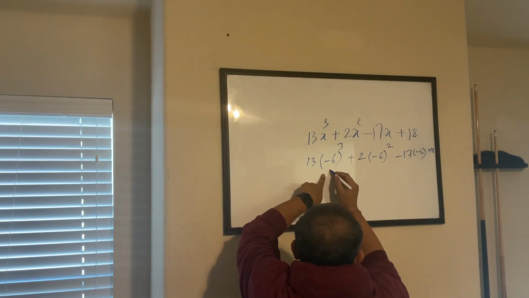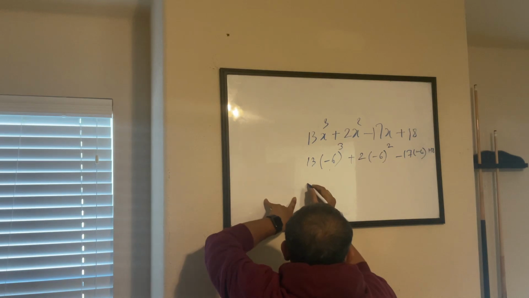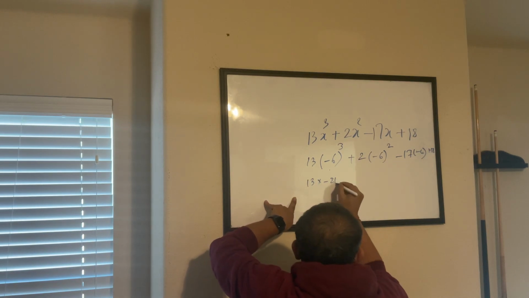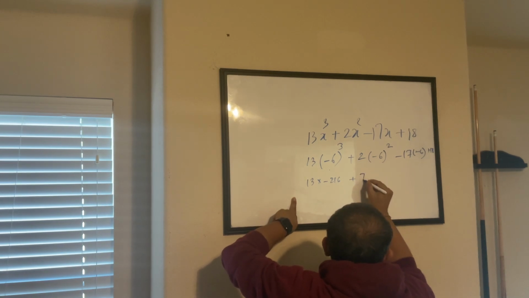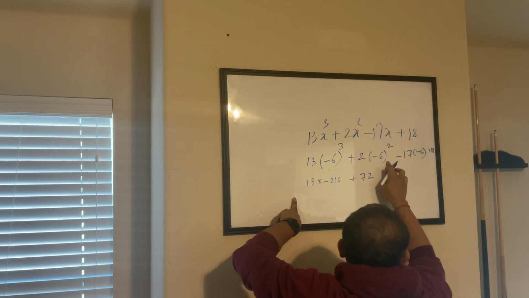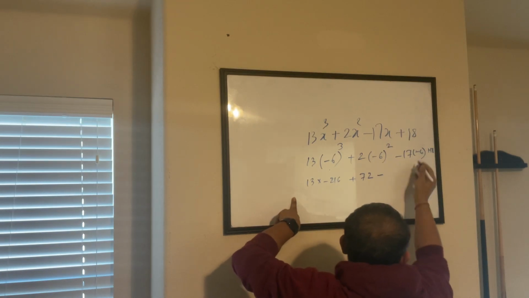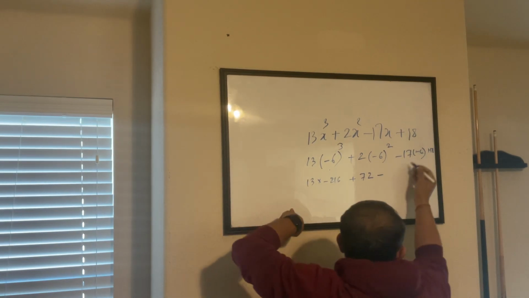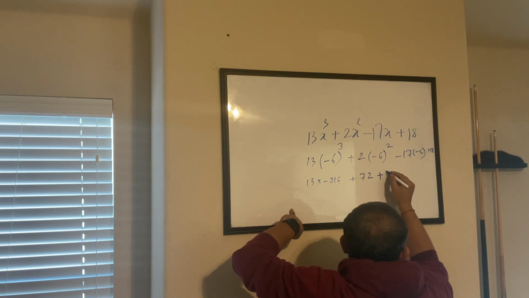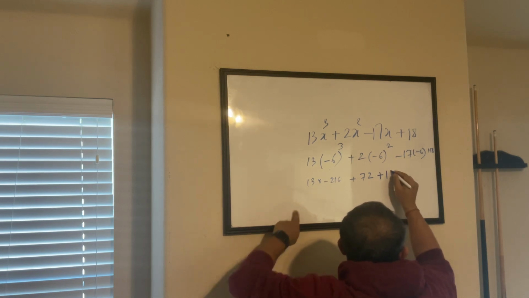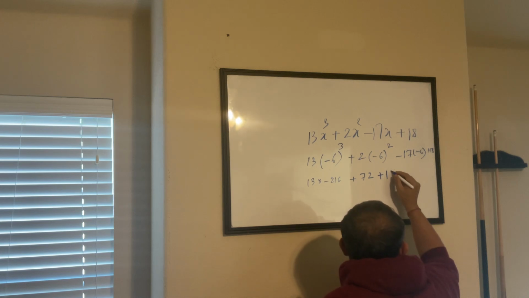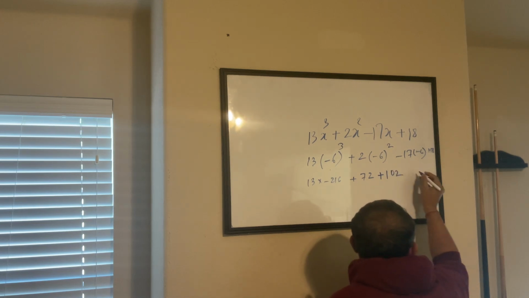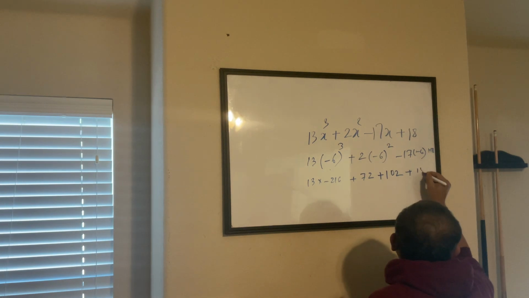So 6 times 6 times 6 is 216. 13 into minus 216, plus this is 6 squared, 36, times 2 is 72, minus 17 times 6 is plus 102, plus 18.